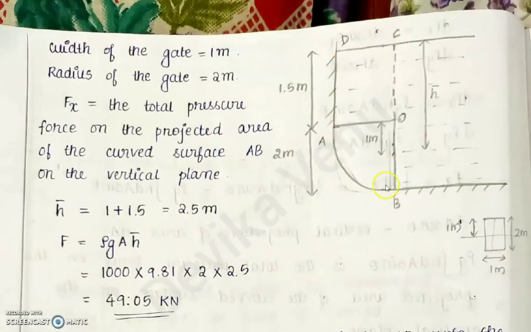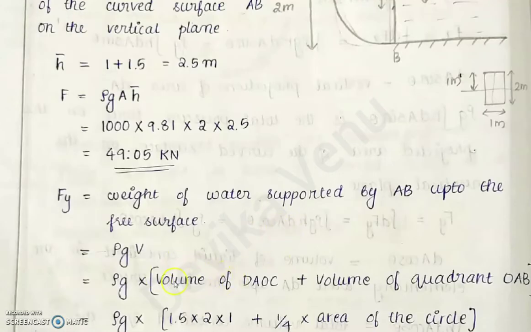How to take the volume? The volume is the volume of this portion plus the volume of this portion. In this plane it is a rectangle, just like a cuboid, with 1 meter perpendicular, that is the width of the gate. So it will be 1.5 into 2 meter, where 2 meters is the radius, into 1, the width of the gate. So 1.5 into 2 into 1 will give you the volume of DAOC.